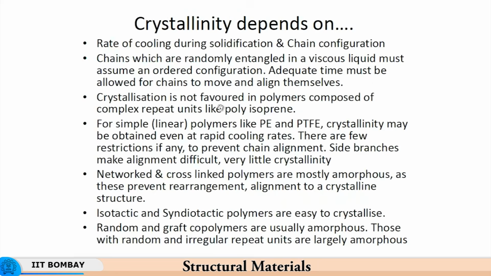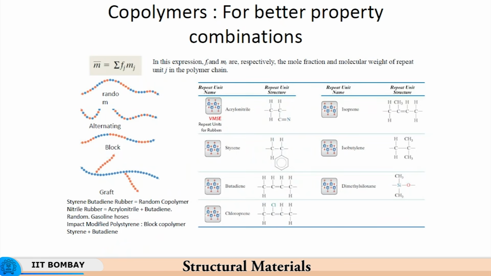These two types, random and graft copolymers, are usually amorphous, because it is very difficult to align this chain and the corresponding units on the other chain. There is nothing like a corresponding unit, because everything is randomly arranged. So there is no way that you can bring one functional group closer to the corresponding functional group in the other chain and create an aligned, orderly atomic structure.